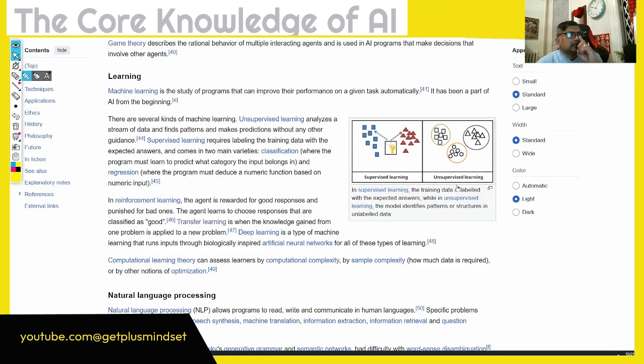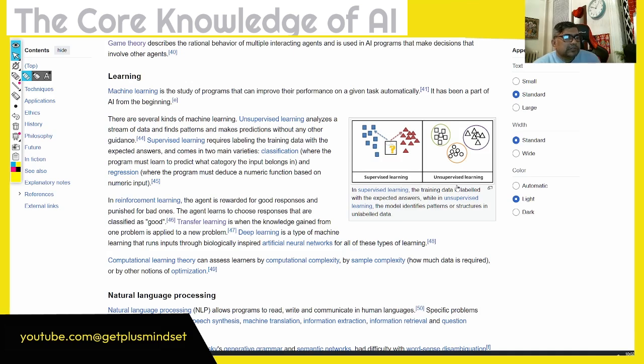The interesting part here is supervised learning and unsupervised learning. These are concepts related to machine learning. What exactly is machine learning? It is the study of programs that can improve their performance on a given task, and it has been part of AI from the beginning.